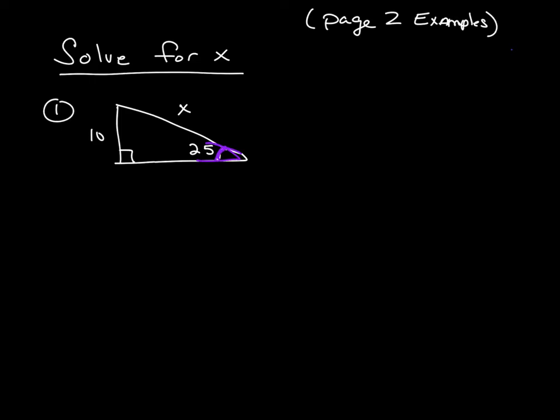And x is the hypotenuse because it's directly across from the 90-degree angle. So when I'm looking at SOHCAHTOA, what do I have? Well, I have an opposite side and the hypotenuse side. So the trig function that matches best with that will be the sine function.